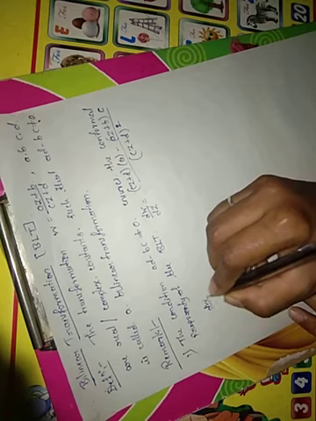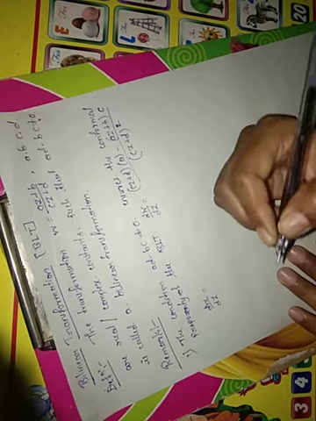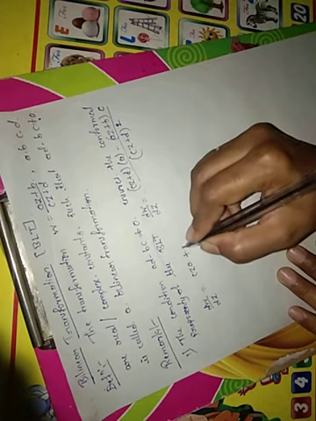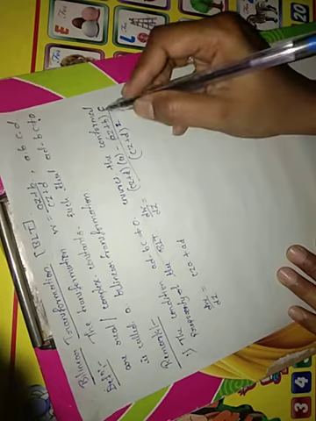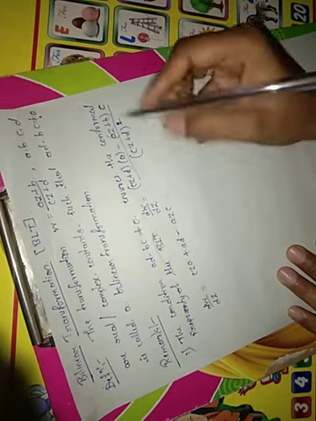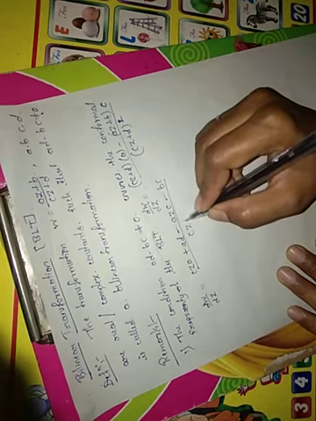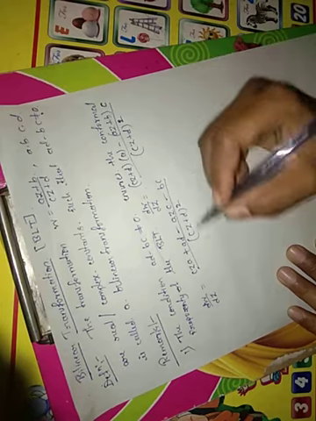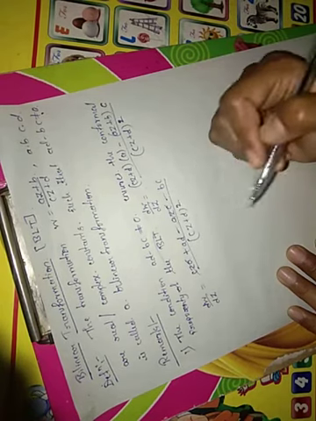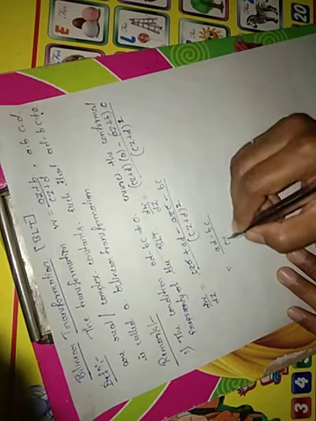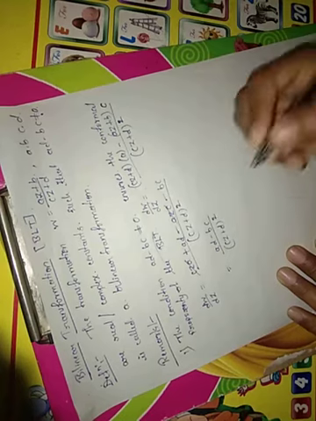Now dW by dZ, opening the bracket, is CZ into A, CZA, plus AD, minus AZ into C, minus B into C, whole divided by CZ plus D whole square. AZC gets cancelled. Remaining is AD minus BC divided by CZ plus D whole square. Already there is a condition that AD minus BC is not equal to 0.